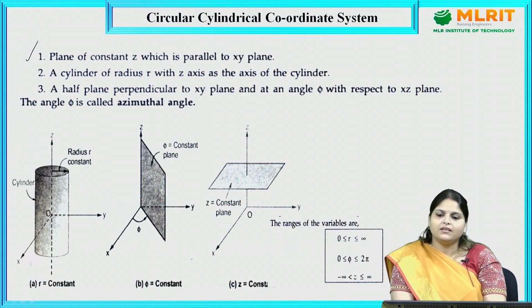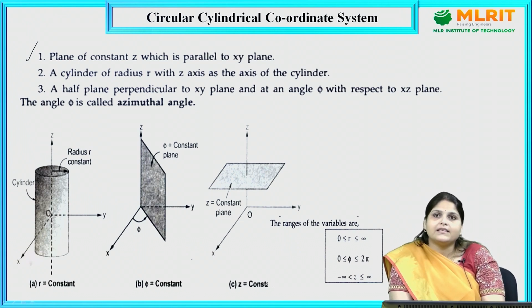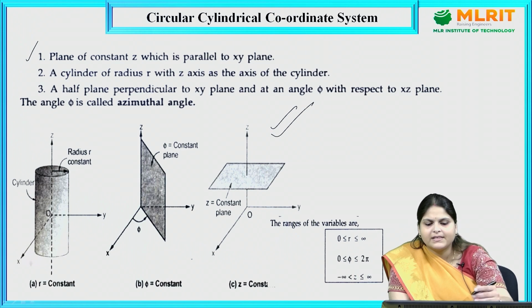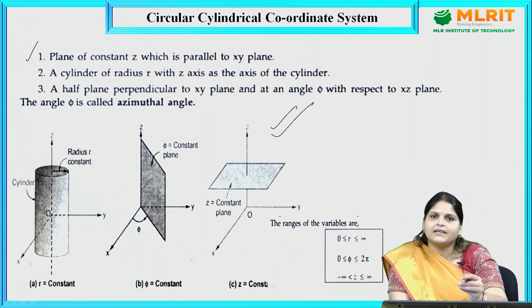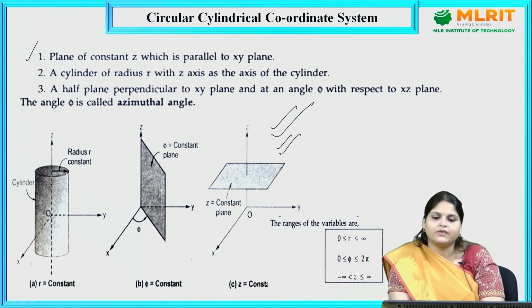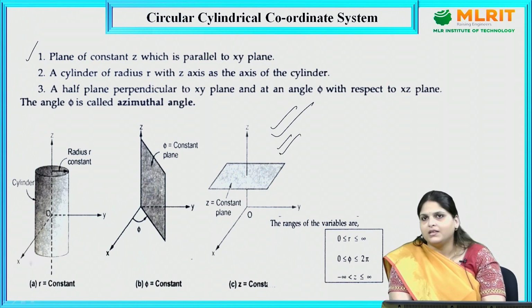First we need a plane of constant z, which is parallel to the xy plane. Constant z means it will be somewhere on the z axis, and there would be variation in the x and y directions. This is one of the planes we need to form a cylinder.